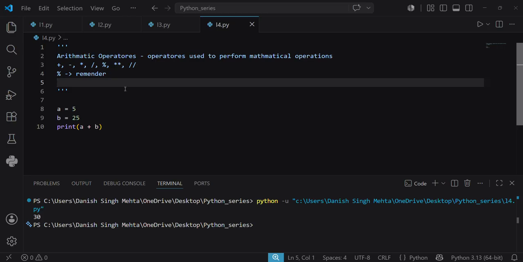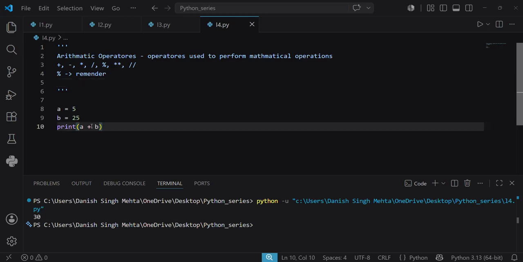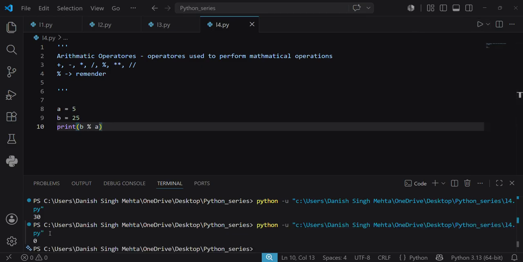For example, B modulo A. B is 25, A is 5, and if I do the modulo of these two numbers, it gives us the remainder. So what will be the remainder? It will be 0.